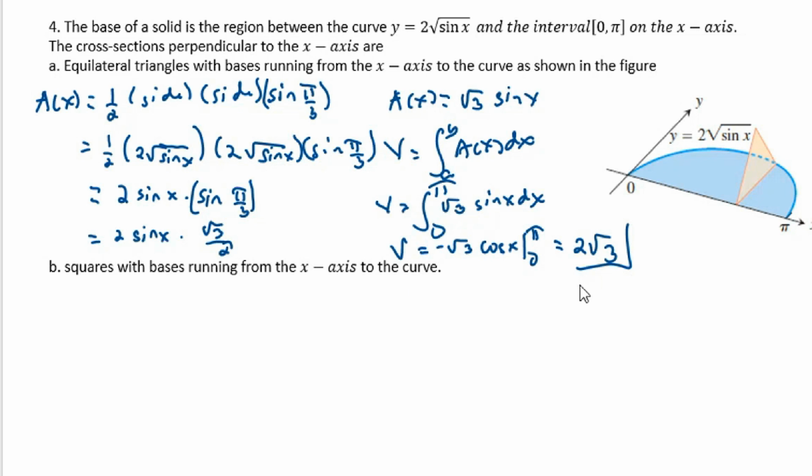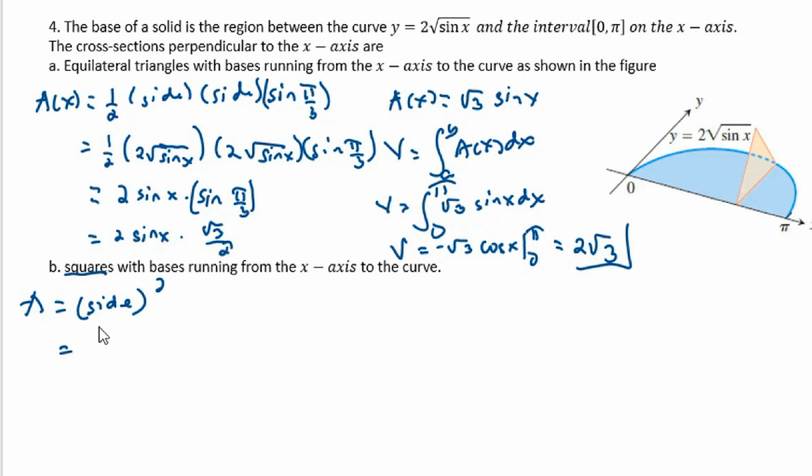While for letter B, since the cross section is perpendicular to the x-axis, we have squares with bases running from the x-axis to the curve. So our A of x will be equal to the square of the side, because we are referring to squares.